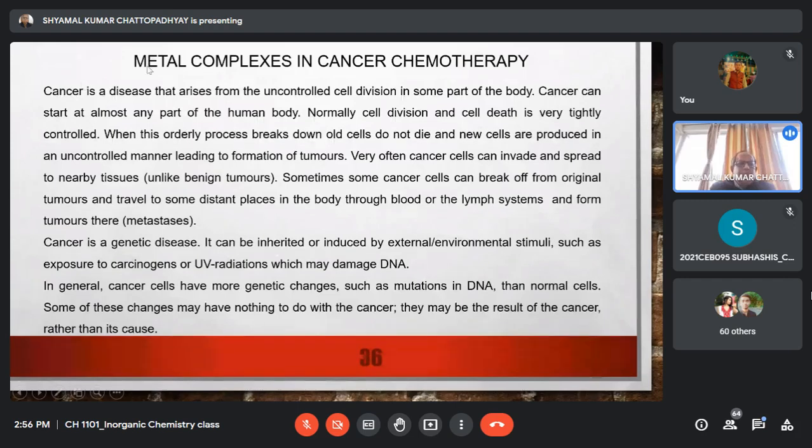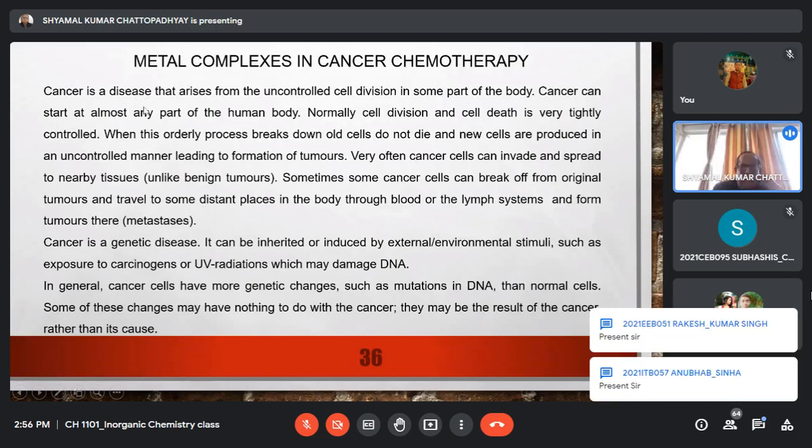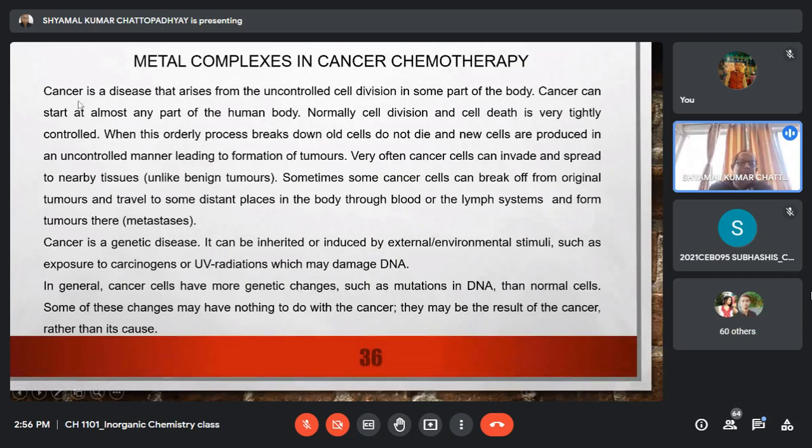So, first of all, what is cancer, right? Now this I have taken from the National Institutes of Health (NIH) USA website. NIH describes cancer as a disease which arises from uncontrolled cell division in some parts of the body. Normally in our body, cell division and cell death are very strictly, very tightly controlled, right?